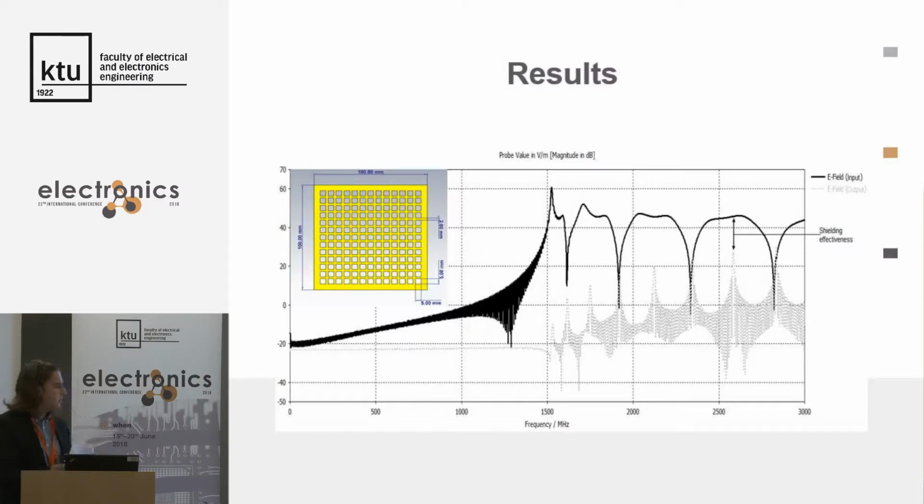Another part of the results: the second figure illustrates the electric field detected by a probe behind the shield with rectangular holes. This variant reaches a worse result than the one mentioned before. The difference is approximately 5 to 7 decibels volts per meter.